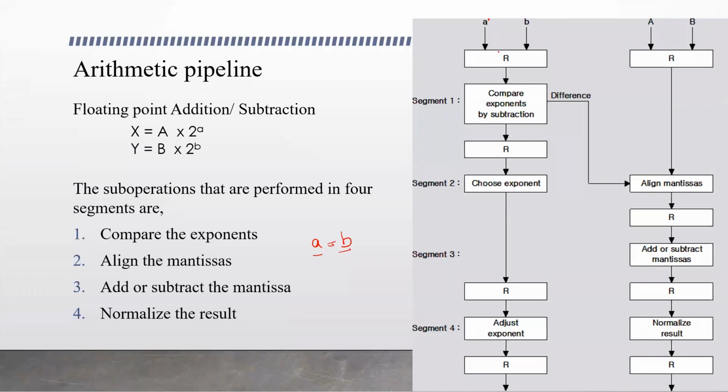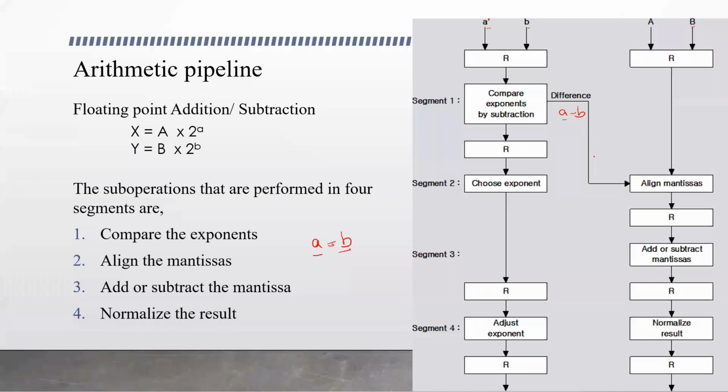So here small a and small b are the exponent part, and capital A and B are the mantissa part of x and y. The first segment performs the first sub operation, that is compare the exponents. That is done by subtracting the exponents. So a minus b is performed, and based on the result, if the result is positive, it means the first exponent is greater.